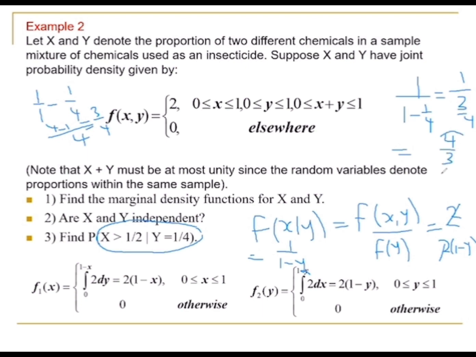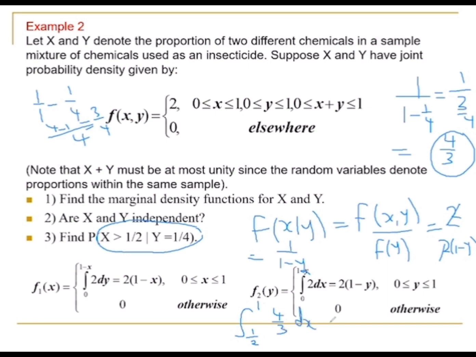Now I just need to find the probability that x is greater than half. So the range is half to 1, of 4 over 3 dx.